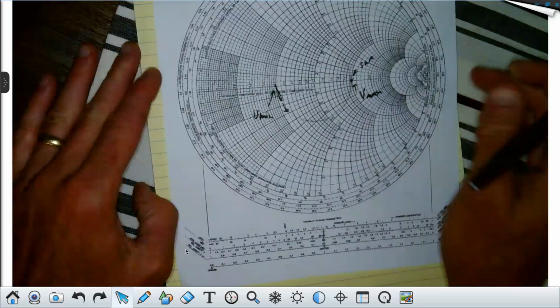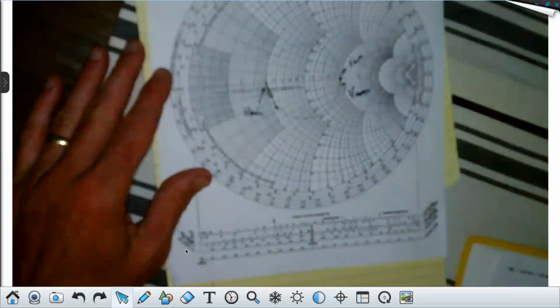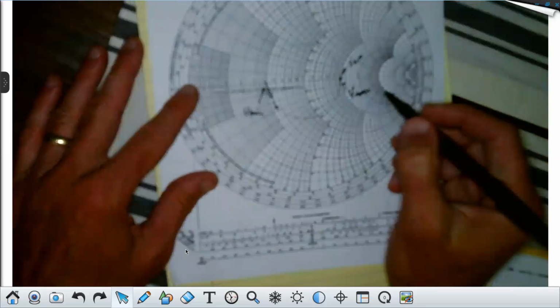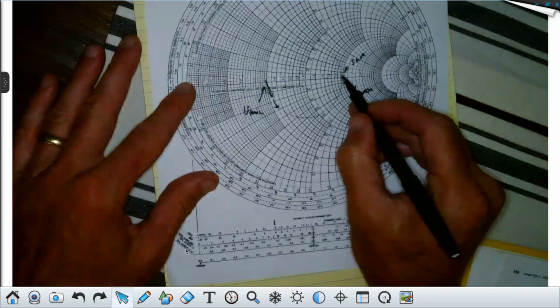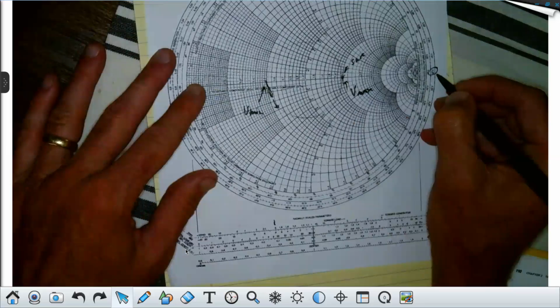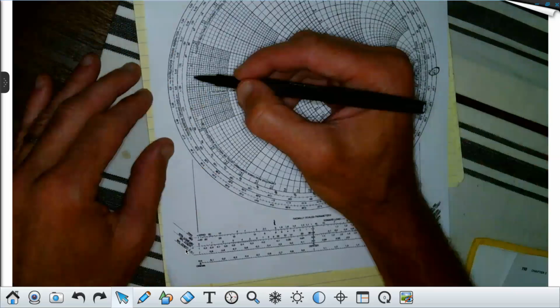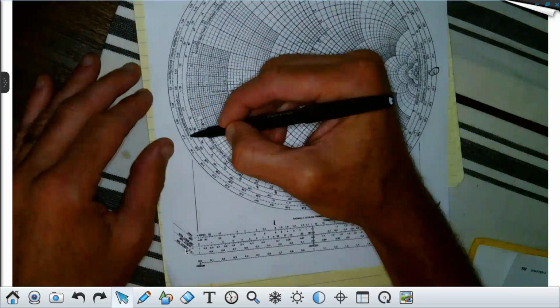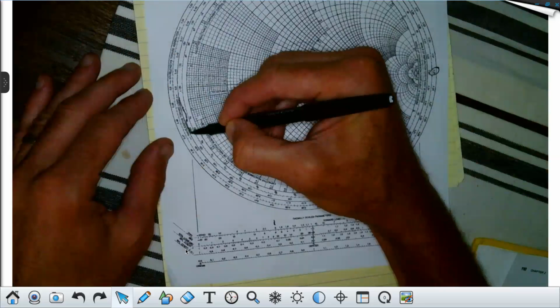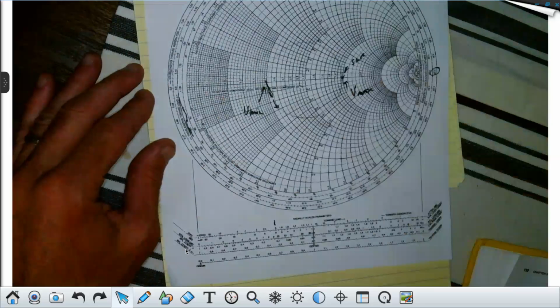You with me on this? We're not rotating in wavelengths towards generator. We're going to go the other way. Here we can see the measurement is 0.25, right? Now you can use the circle underneath that, and that one has wavelengths. If you look here, wavelengths towards load. Can you all see that on your Smith chart? Sure.